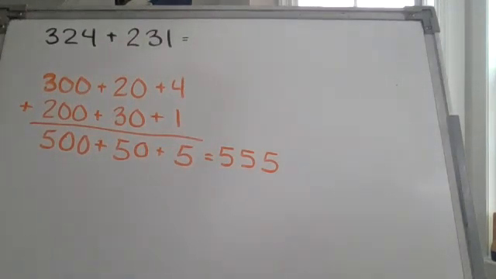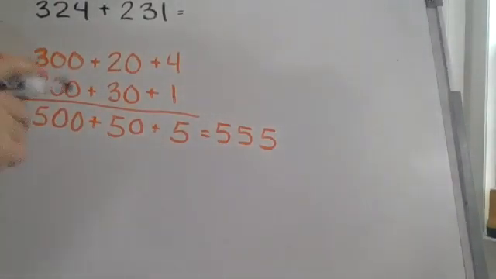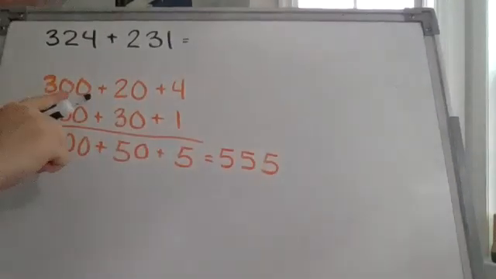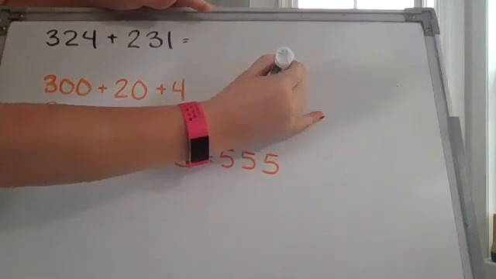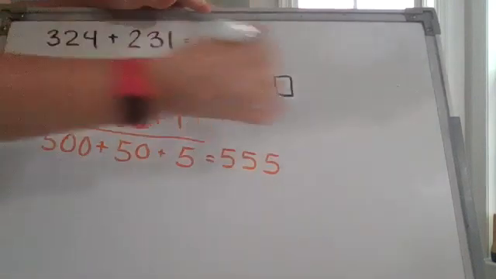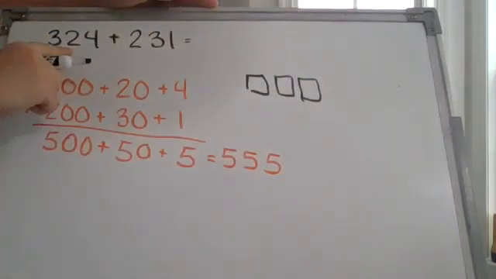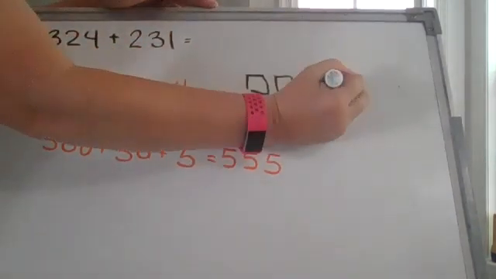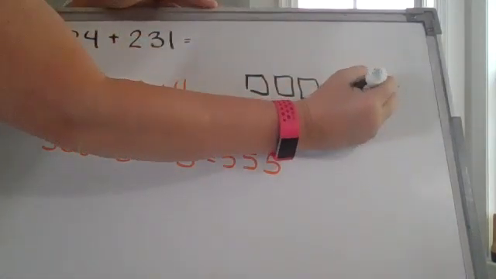All right, draw your quick picture like this. Actually, I can do it right beside it for you. 300: 100, 200, 300, 2 tens, 10, 20, 4 ones.